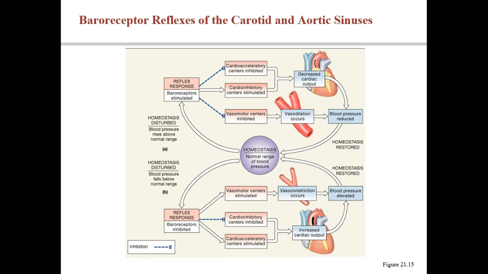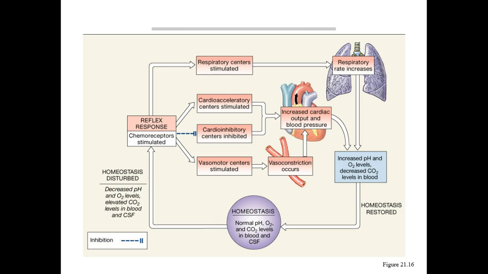The inhibition centers, or cardioinhibitory centers, are inhibited. That's kind of a mouthful. And then the cardioacceleratory centers are stimulated, so it increases output. So it has kind of a graphic and shows it.